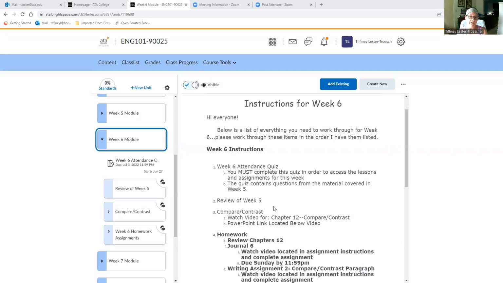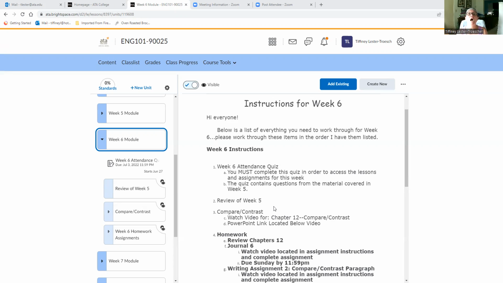So that is why that lesson here in week 6 is so important for you to look at and go through. It's because you might think you know how to write a compare contrast paragraph, but there's a really good chance that you don't necessarily know all of the nuts and bolts of writing a compare contrast.